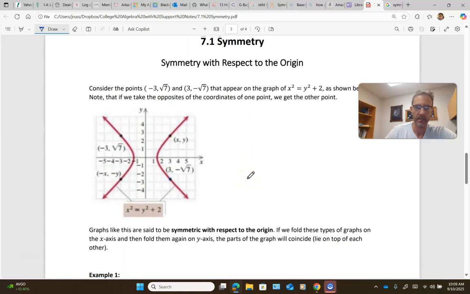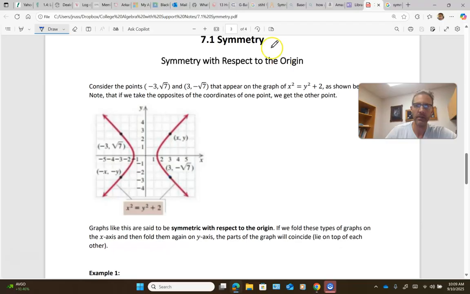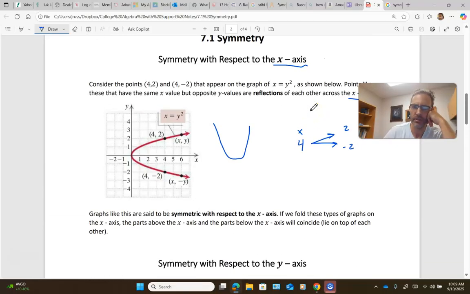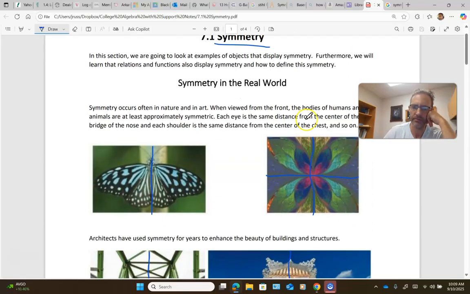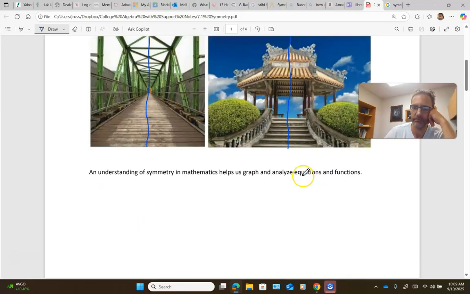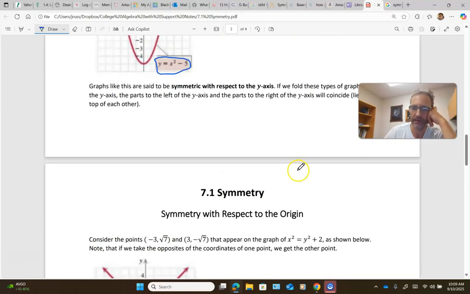And then the last type of symmetry that we're going to talk about is origin symmetry. Or in other words, symmetry with respect to the origin. There's an example up here. This image actually has x, y, and origin symmetry. It exhibits all three.